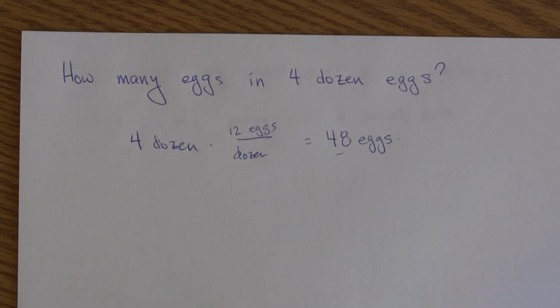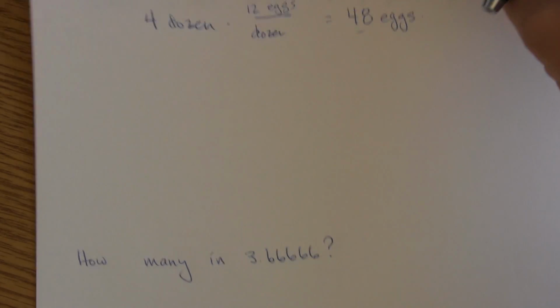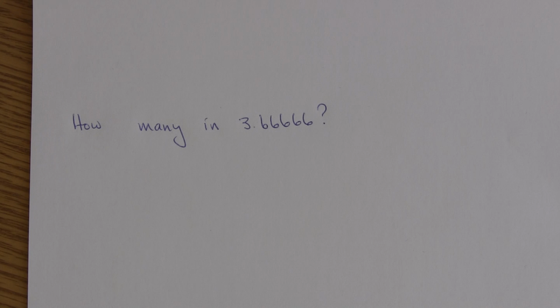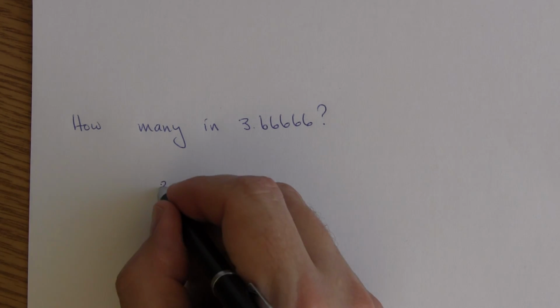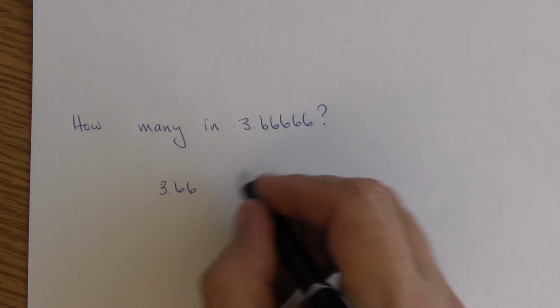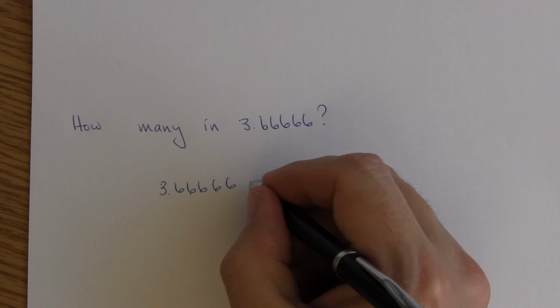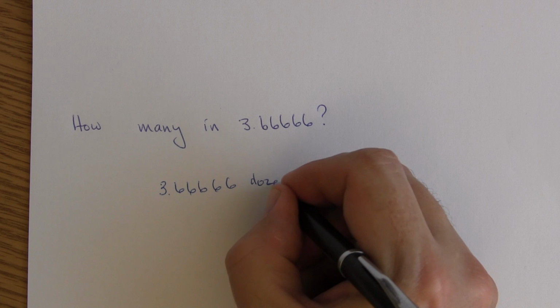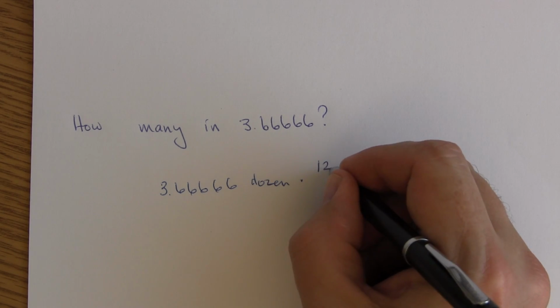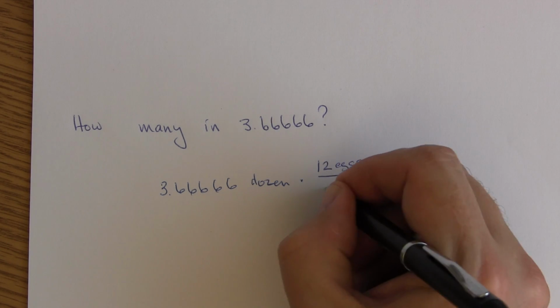One last example, just to make sure we're understanding our principle. What if I have 3.66666 dozen eggs? You could continue it out to more 6s if you wanted. Well, 3.66666, 5 6s, dozen times 12 eggs per dozen.